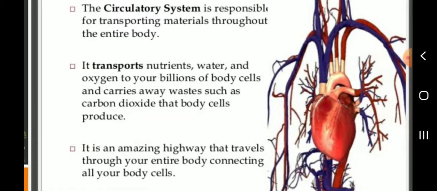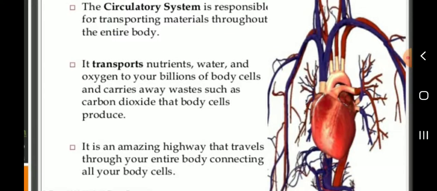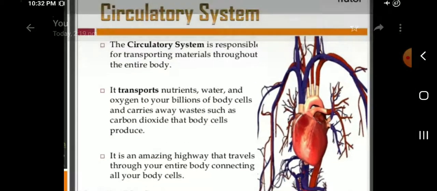It transports nutrients, water, and oxygen to your billions of body cells and carries away wastes such as carbon dioxide that body cells produce. It is an amazing highway that travels through your entire body, connecting all your body cells.